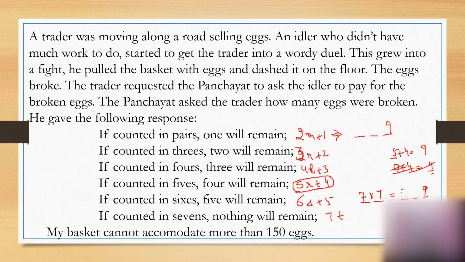One option is 7 times 7, which is 49, just because of this 9, but it doesn't satisfy the second condition. If we try 49 as the solution, it will not satisfy the second condition, because 48 is completely divisible by 3, so it will leave remainder 1, but it must leave remainder 2.